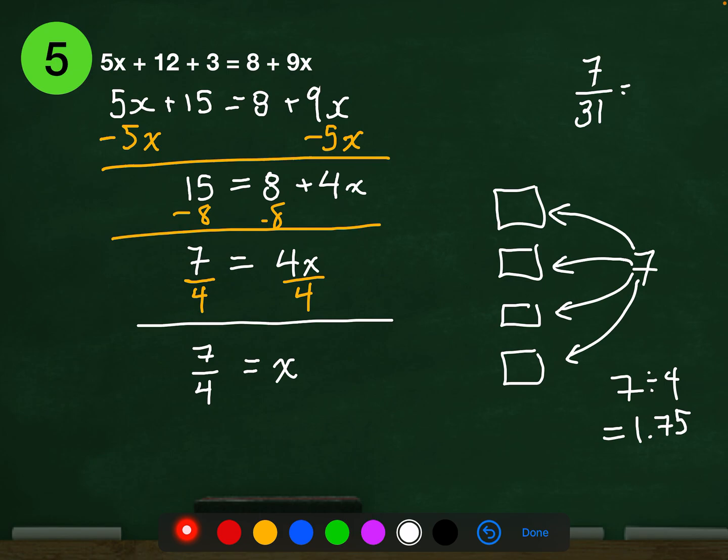If I punch that in my calculator and divide it, I'm going to get a decimal and then just some weird thing that keeps going, and I have to round. I don't want to round. I want an exact answer. 7 over 31 would be an exact answer. Okay, so that's why we like fractions.